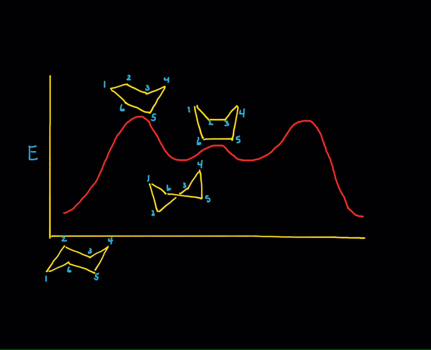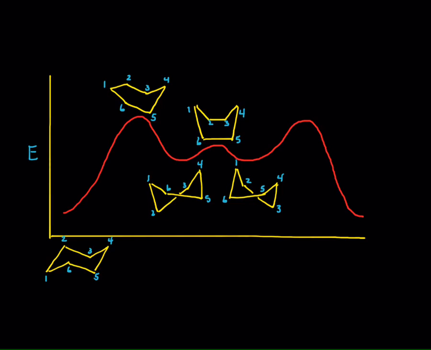But what happens when I do so? I have to add a little bit of energy to overcome the steric hindrance between the carbon-hydrogen bonds of C1 and C4. So now I can twist the other way, which alleviates that strain, and I get my other twist boat.